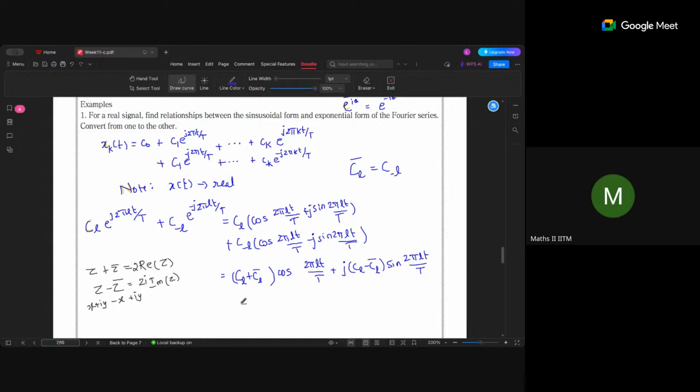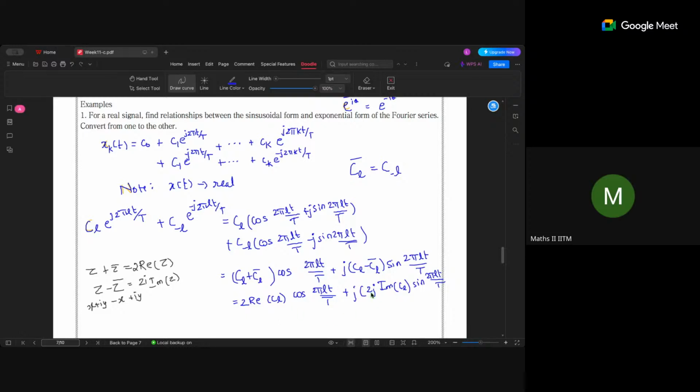If you apply that, then you will get 2 times the real part of c_l into cos(2πlt/T), and here you already have a j, and c_l minus c_l bar is 2j times the imaginary part of c_l into sin(2πlt/T).